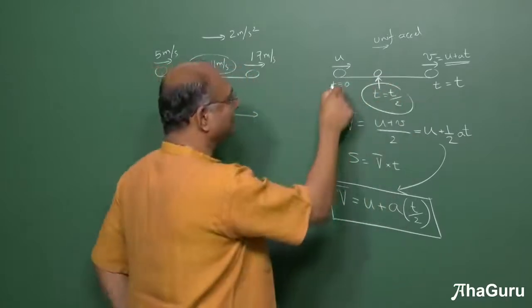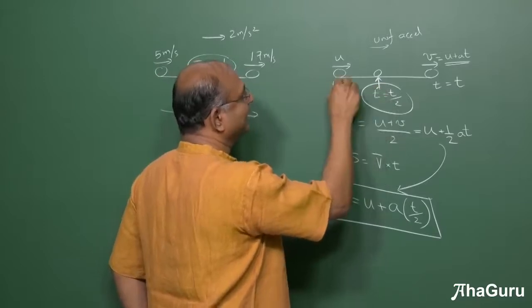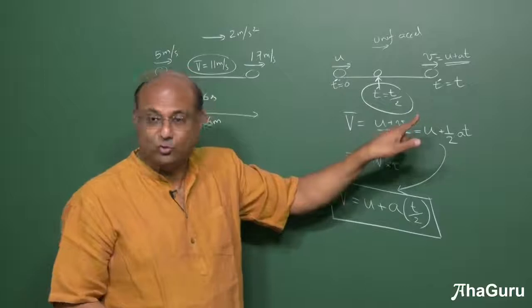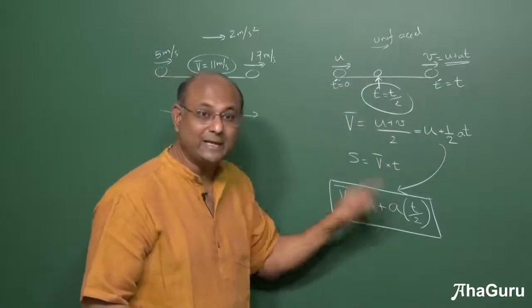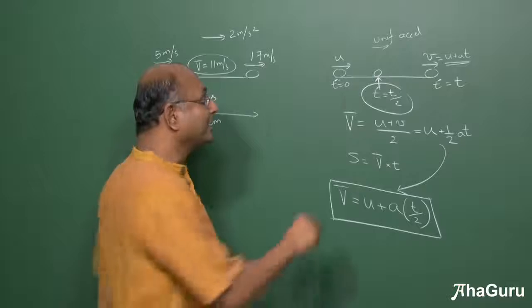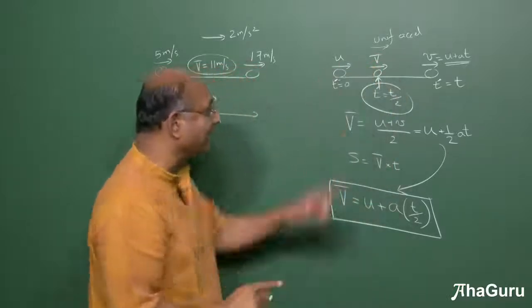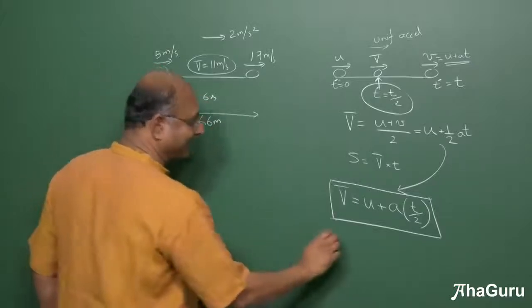We should basically call this time. I'm just using the symbol t. So let me just put a dash so that it's clear. At time t dash is t by 2. At that time, what is the velocity? U plus a t by 2. But that is the average velocity. So the instantaneous velocity at this instant, half time, is average velocity. Let me write it. It's a really, really important idea.